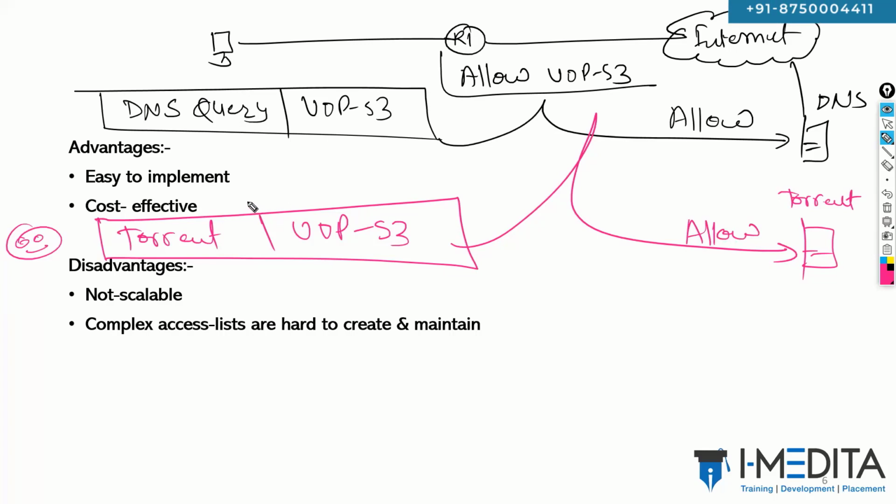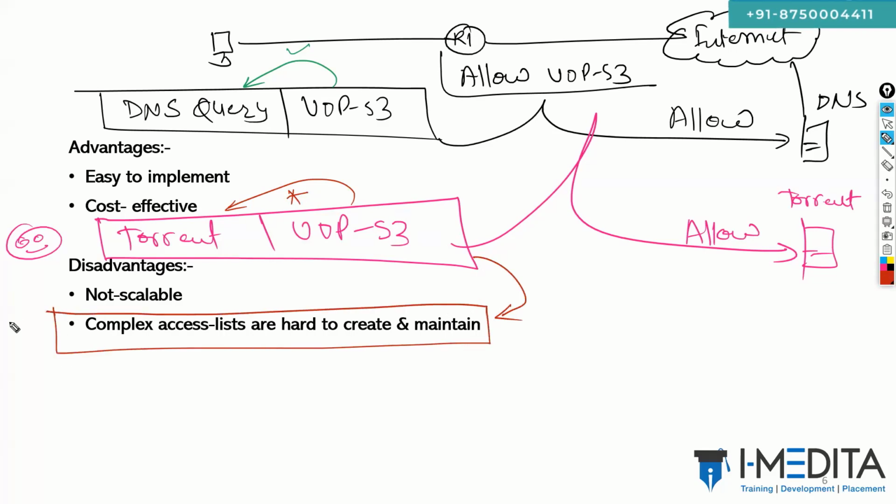So you can't create an ACL where at UDP 53 only DNS queries are allowed, but torrent is not allowed at UDP 53. Such a kind of ACL you can't create here. Clear? So these are the advantages and disadvantages of packet filtering.